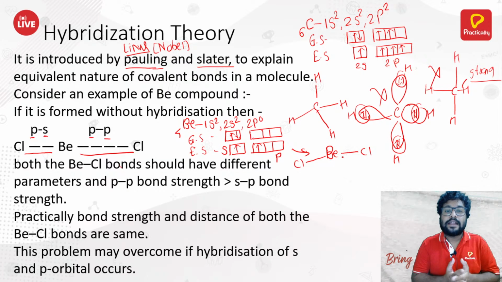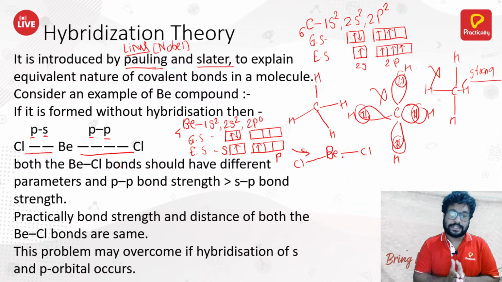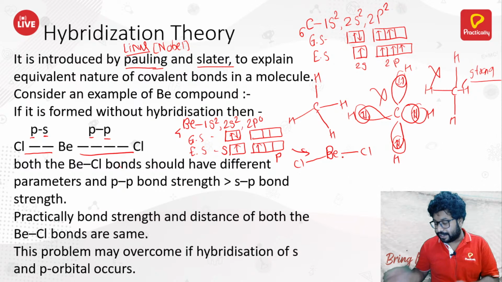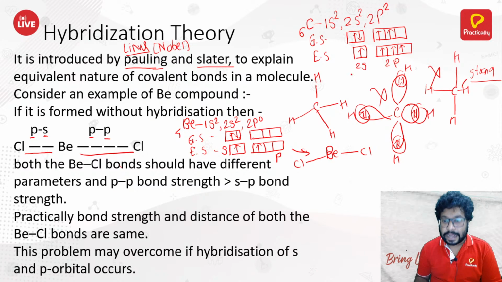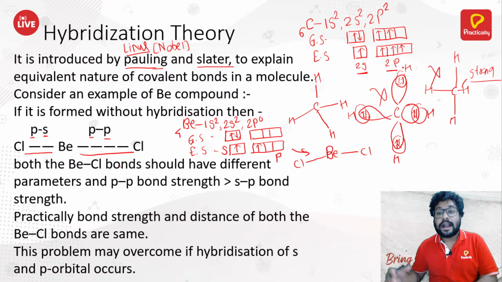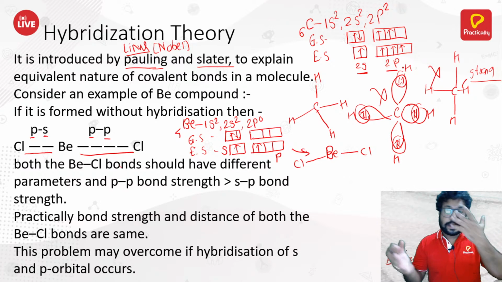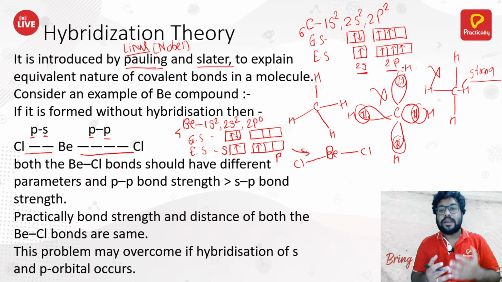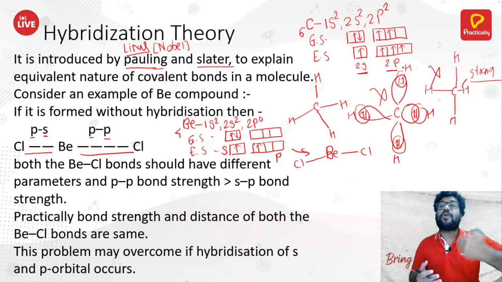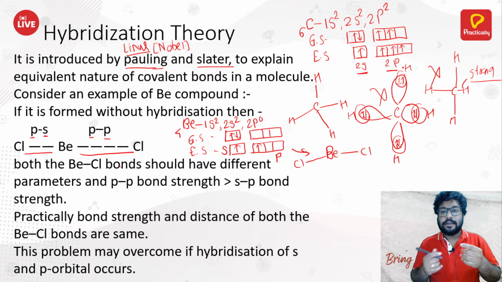And that is why the hybridization theory came into existence. What this theory tells you is that this S and this P combine together to give you a new set of orbitals, which are called hybrid orbitals, which are equivalent in size, shape, and energy; only they are different in direction, which is obvious.